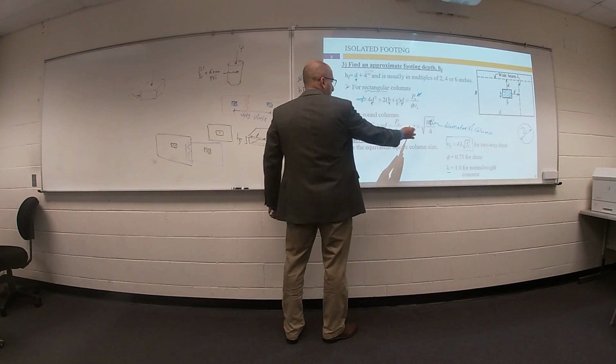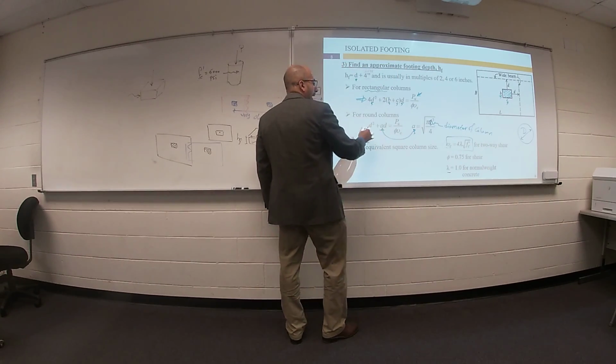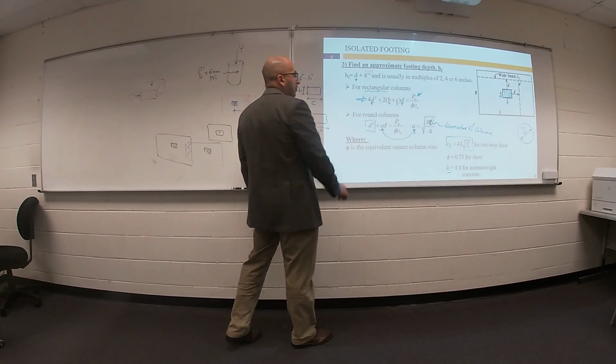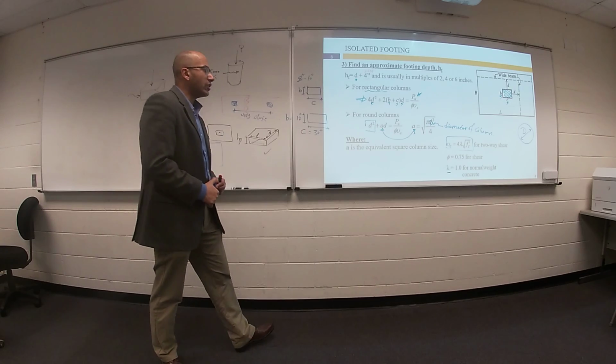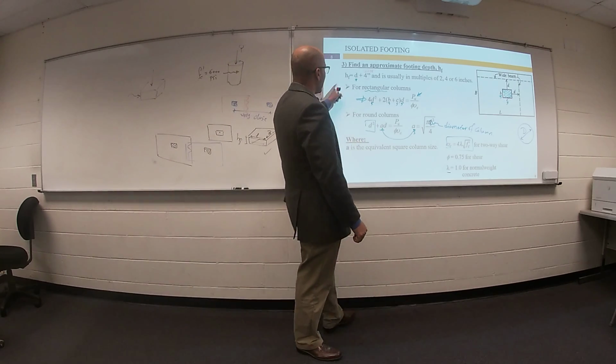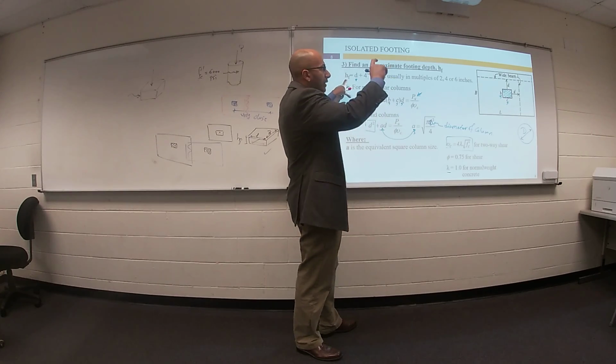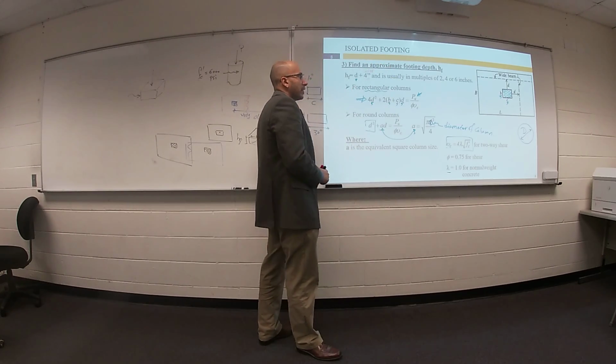From A, I can put it here and solve this equation to determine the depth of footing. Once you get your depth, add 4 inches to get your hf, the total thickness of footing.